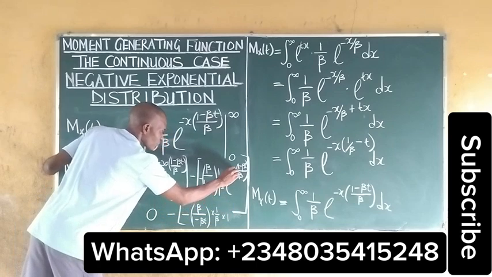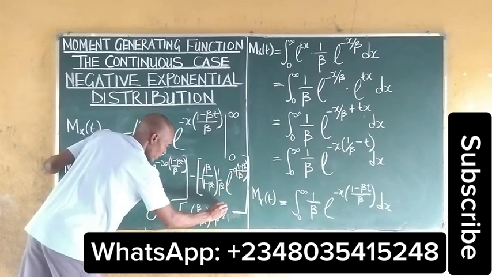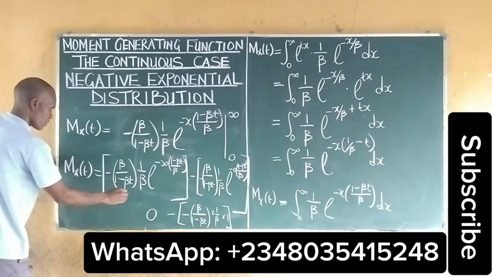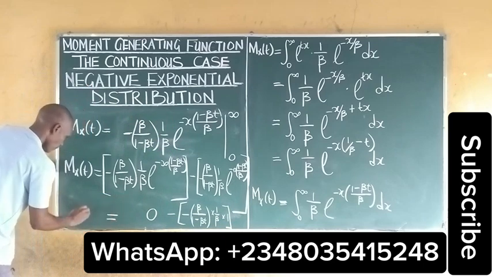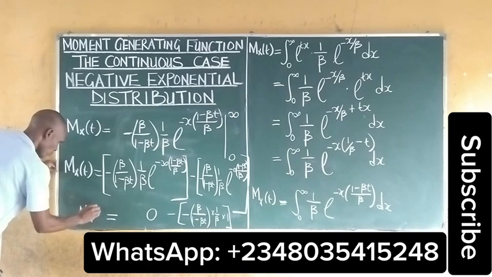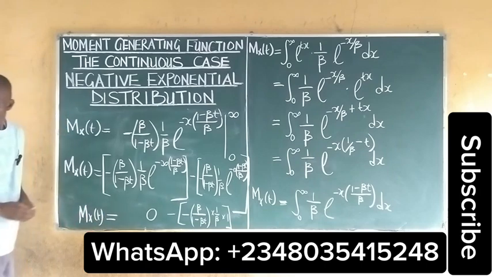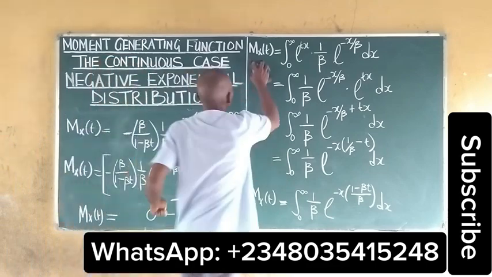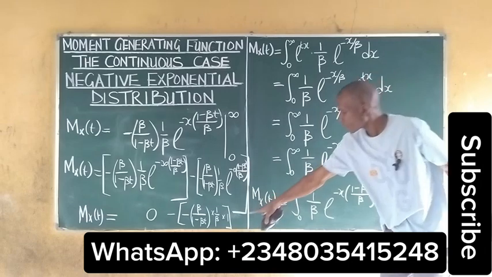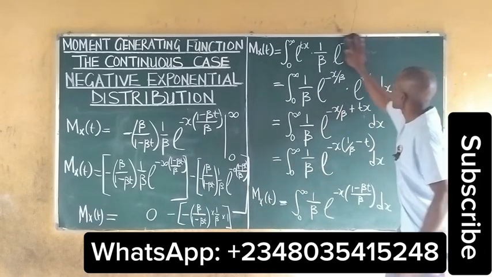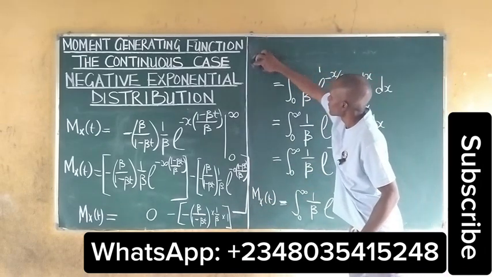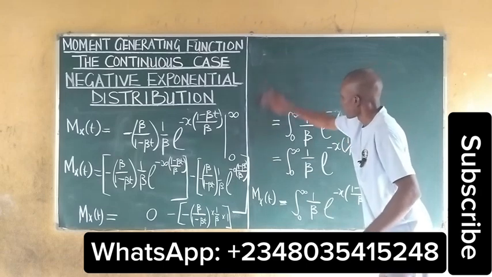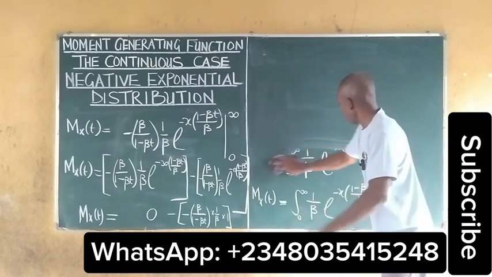Since 0 is multiplying this, we get 1 here. This is also equal to our moment generating function. To conclude on this, we come over to this side to find the moment generating function.